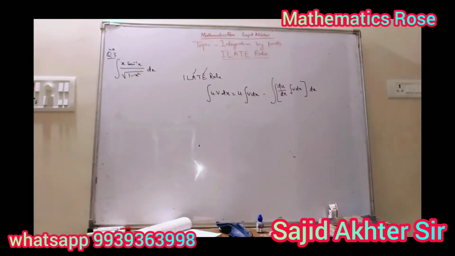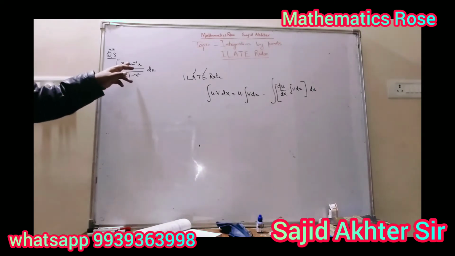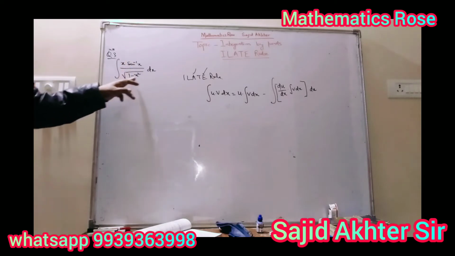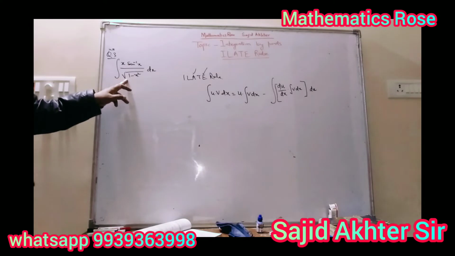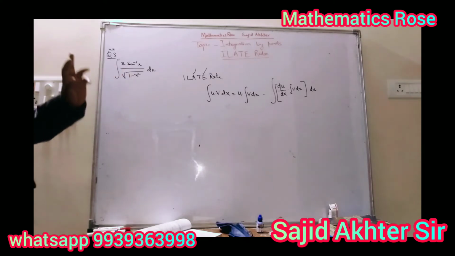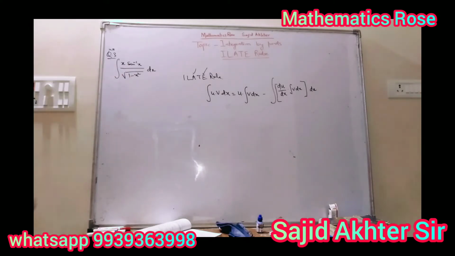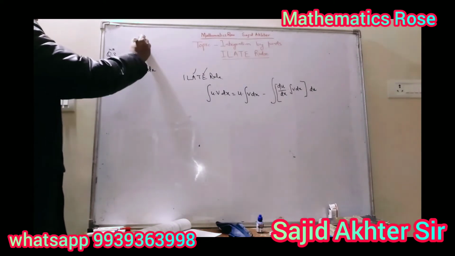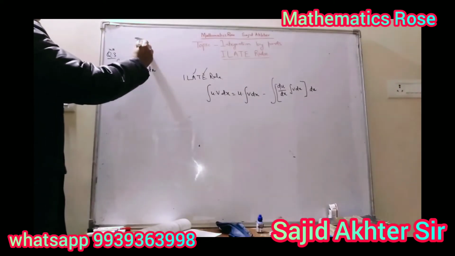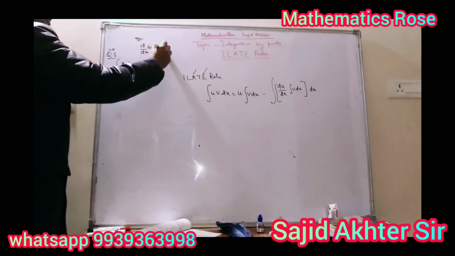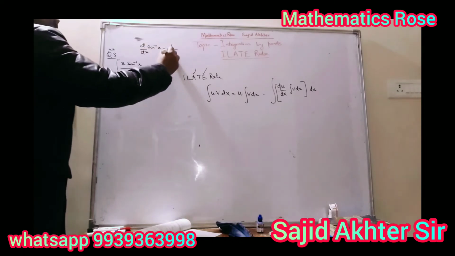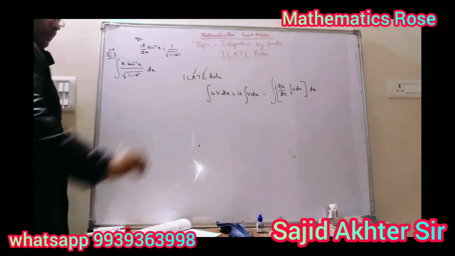So now again we have to use the Euler rule, and substitution will also take place here. We know that the integrand is x into sin inverse x upon root under 1 minus x square, and the differentiation of sin inverse x is equal to 1 upon root under 1 minus x square.